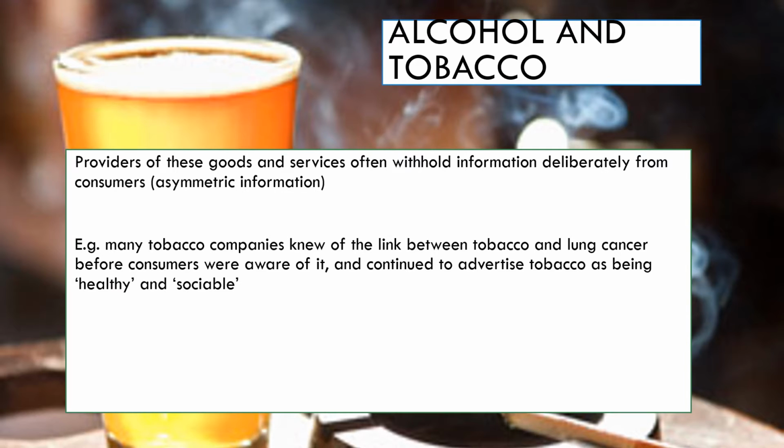So for example, many tobacco companies knew of the link between tobacco and lung cancer before consumers were aware of it, but they continued to advertise tobacco as being healthy and sociable. So in this situation, we have the buyers who know less than the sellers, and as a result, they're consuming more than they would do if they had the perfect information. So the market here hasn't worked very well.